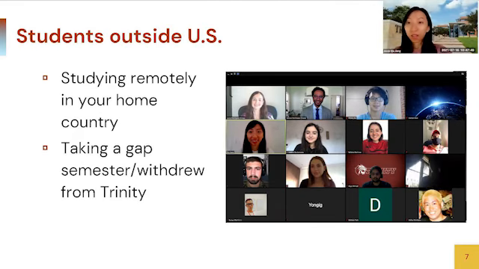So here are some other situations for students. Some students are studying remotely in your home country right now, and they wanted to do CPT, they wanted to intern or work for a US employer during their study. Then in this situation, you must apply for CPT because you are in legal F1 status and you are working for a US employer.